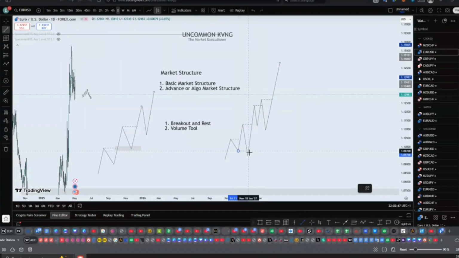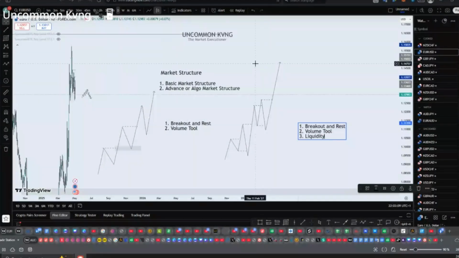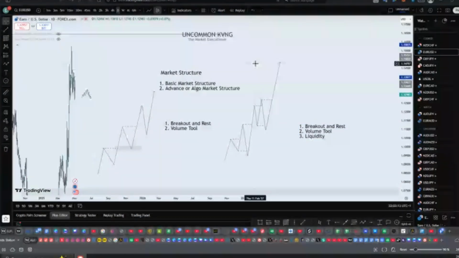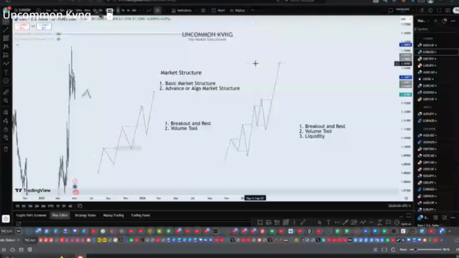Liquidity is what pushes price. So at the end of the day, what does the advanced or algo market structure have that the basic does not have? Just liquidity. So at this point, you should be equipped enough to understand that these are the logic that I have to see before I enter a certain trade.